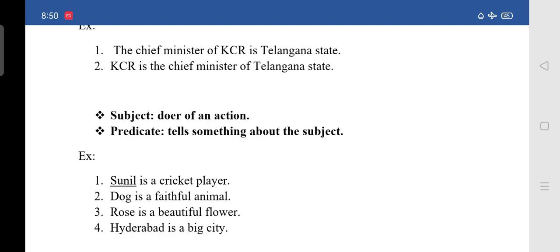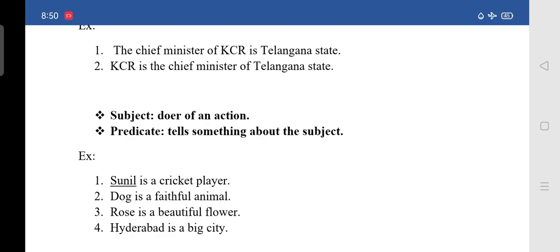To get a clear idea, if you see the first example, Sunil is a cricket player. In this, who is the doer? Sunil. So he is the subject. Why? He is doing an action here.